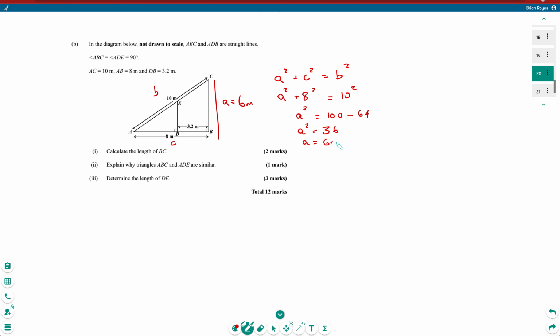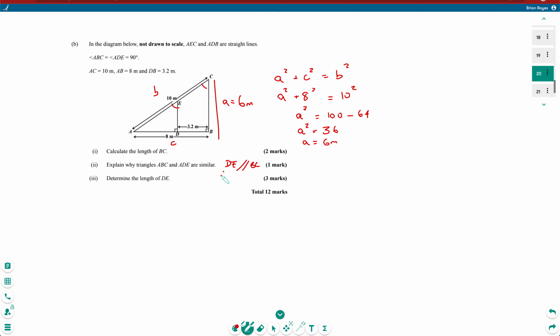Remember units. Now explain why ABC and ADE are similar. The simple explanation for this is that they share the same makeup of angles. What I would say is that the line DE is parallel to BC.